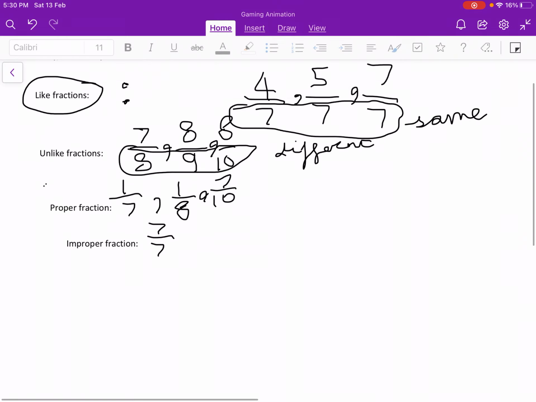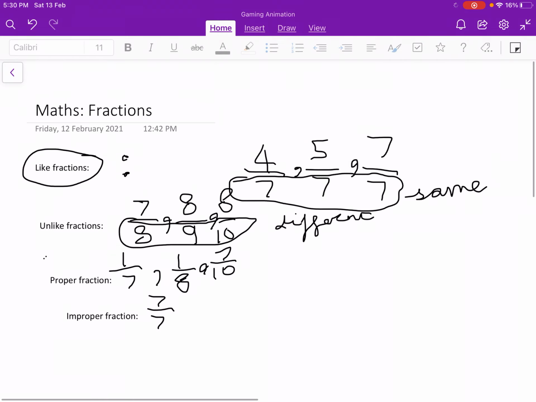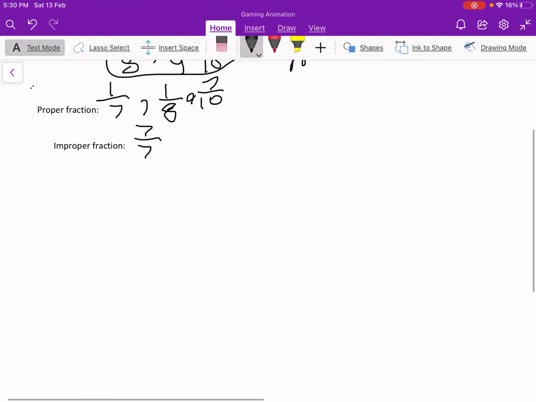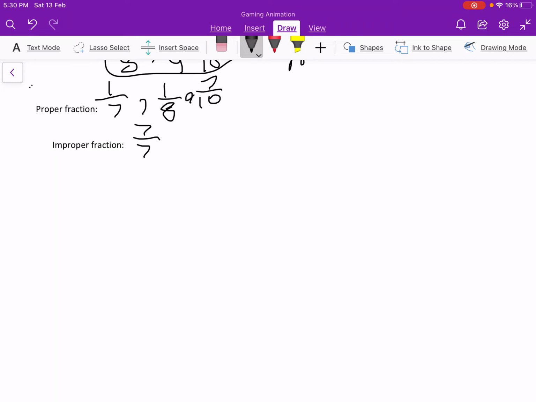Okay, so where the denominator is the same and the numerator is the same, this is called an improper fraction. This is an improper fraction. And this also 8 out of, this is not an improper fraction. This is an improper fraction.